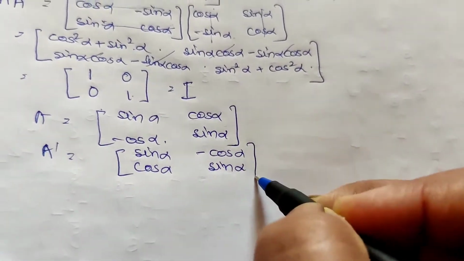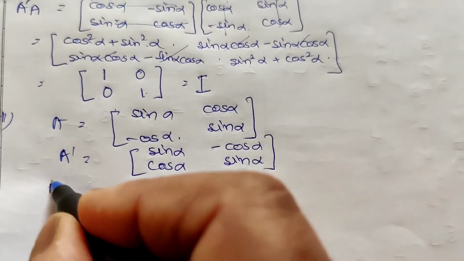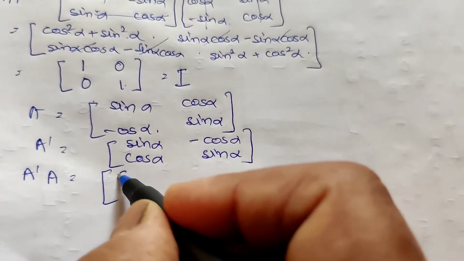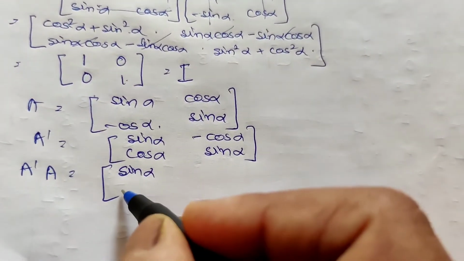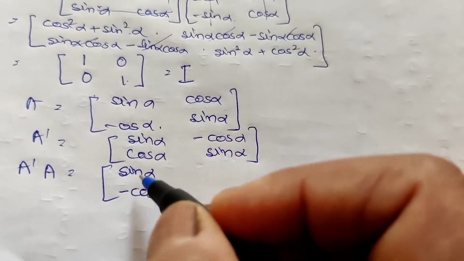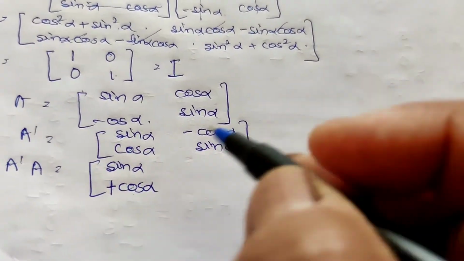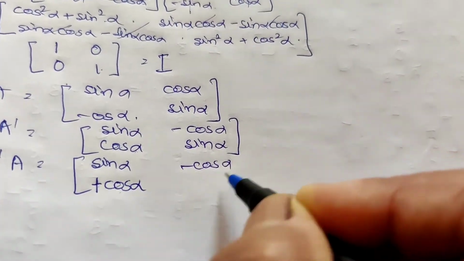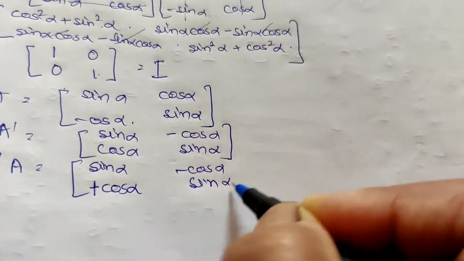Transpose means interchange the rows and columns. Now A dash A, the same. Transpose first: sin alpha, cos alpha, minus cos alpha, sin alpha, then A.